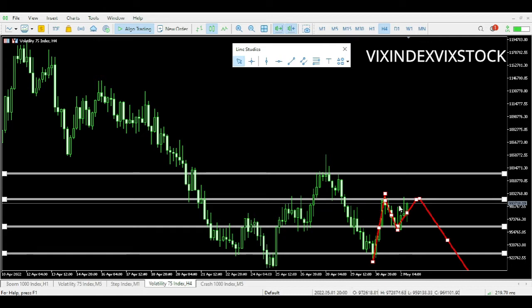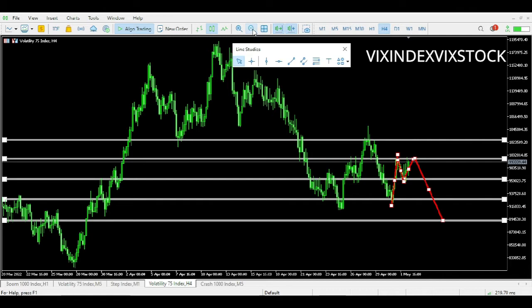But if we continue failing to break this area, it means Volatility 75 wants to go down, whether to this zone, to this zone, to this zone, it doesn't matter for me. I just go with whatever the market says it wants to do.